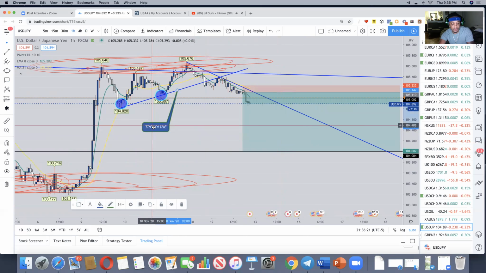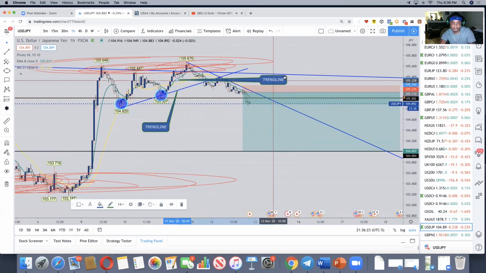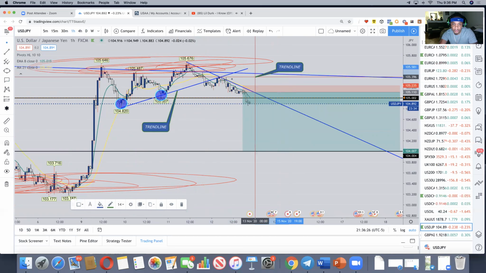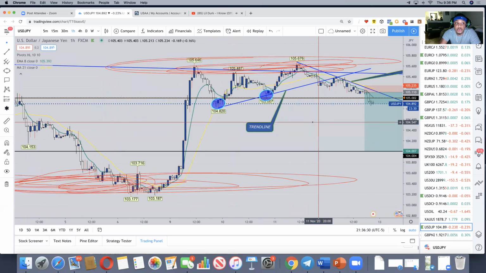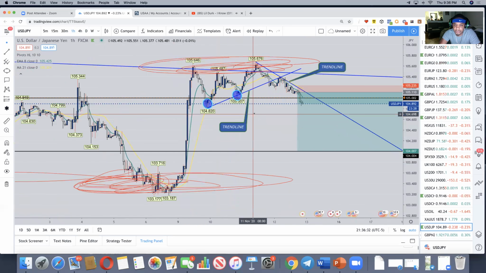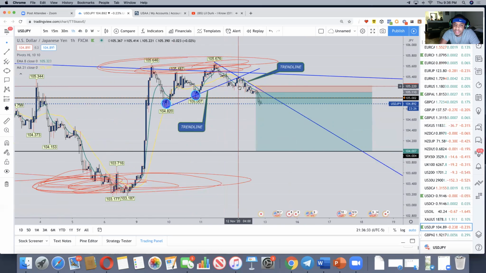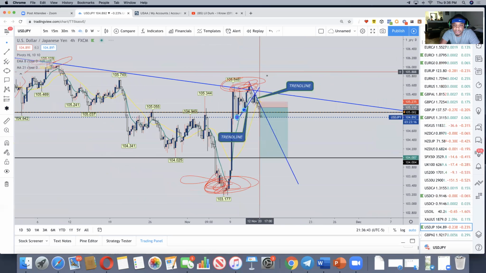It's the same thing for the other one. Same trend line, right? So once we got that, this became an easy trade. It retested up here again, and look, we got bearish engulfers, confirmations.